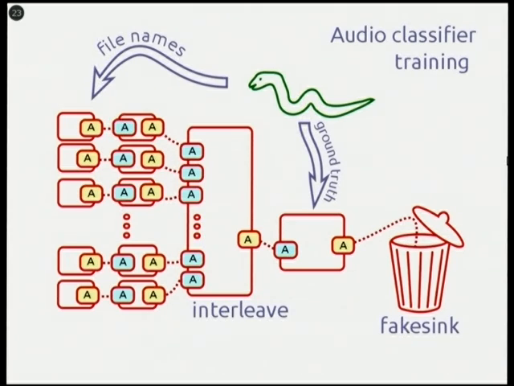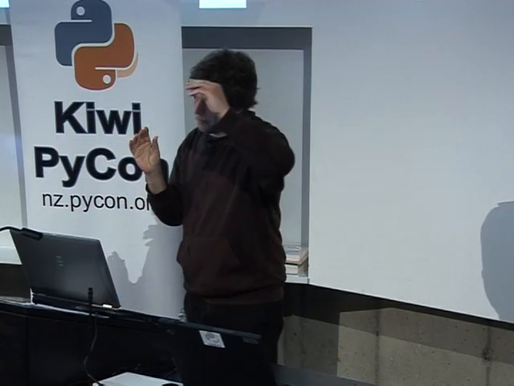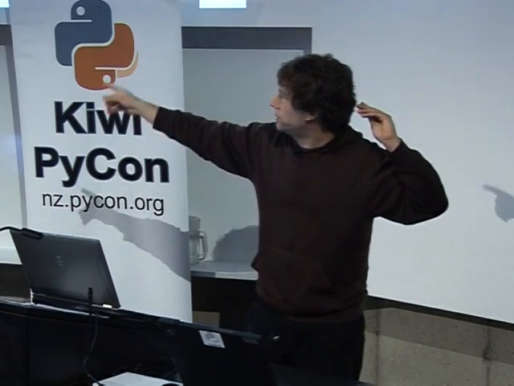And what Python does is it knows what the right answer for these files is at the various times along each file, and it tells the file sources what file to play, and it tells the classifier what to expect. And then the classifier learns, and the audio output from that is actually no use.